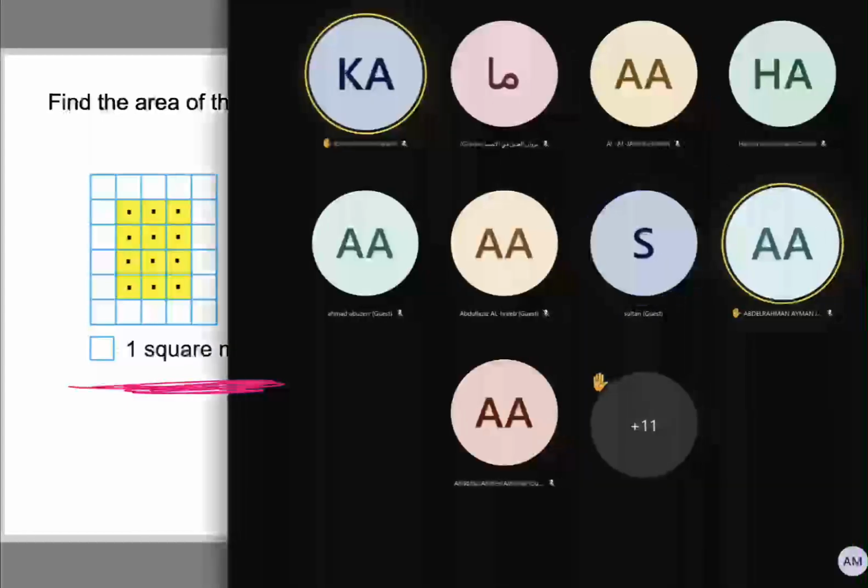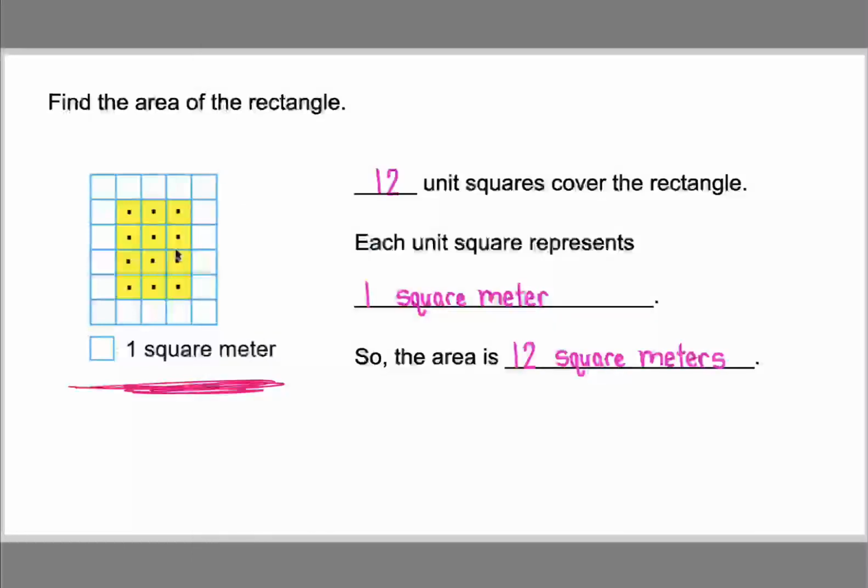I am Sultan. Okay, my hero, quickly. When you finish question number 1, my heroes, raise your hand. I see only 4 hands.